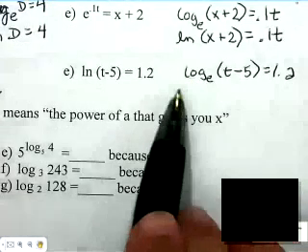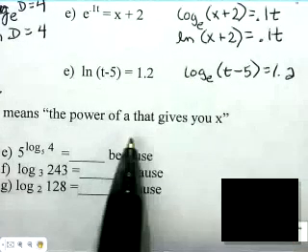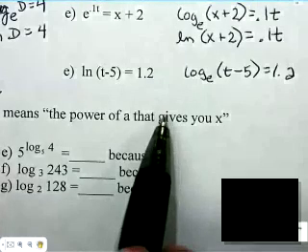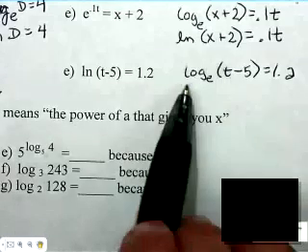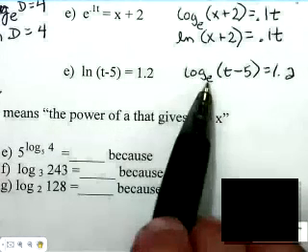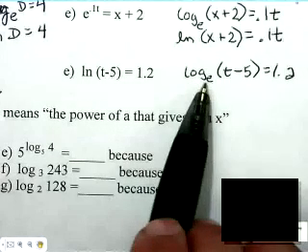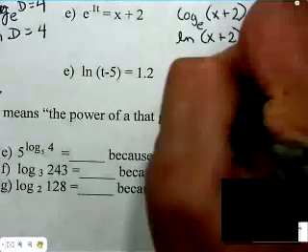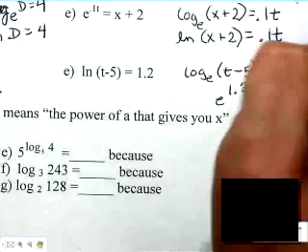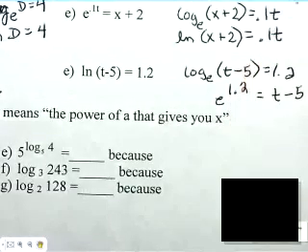In exponential form, what's the base? Same thing the base is here. It's base e. e to the, that's the exponent, e to the 1.2 equals t minus 5.